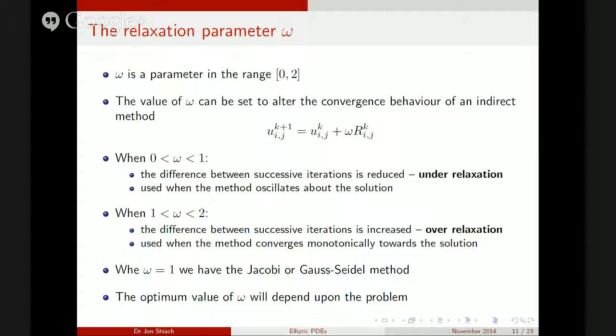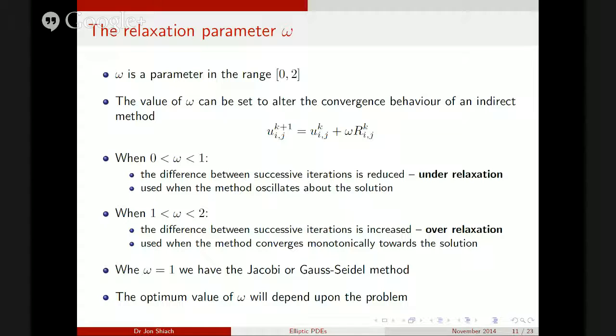When omega is less than 1, the difference between successive iterations is reduced, because we're multiplying R by a number less than 1. So we're artificially reducing the difference between two successive iterations. This is used when the method oscillates. If you have an oscillatory method, that means you're going too far over the other side. So if we reduce how far we're going, we should get closer to the solution.